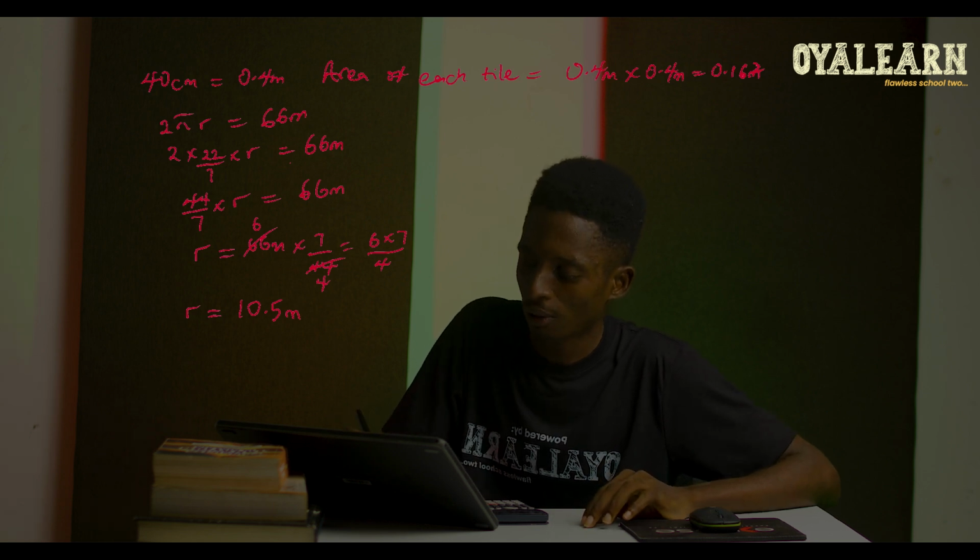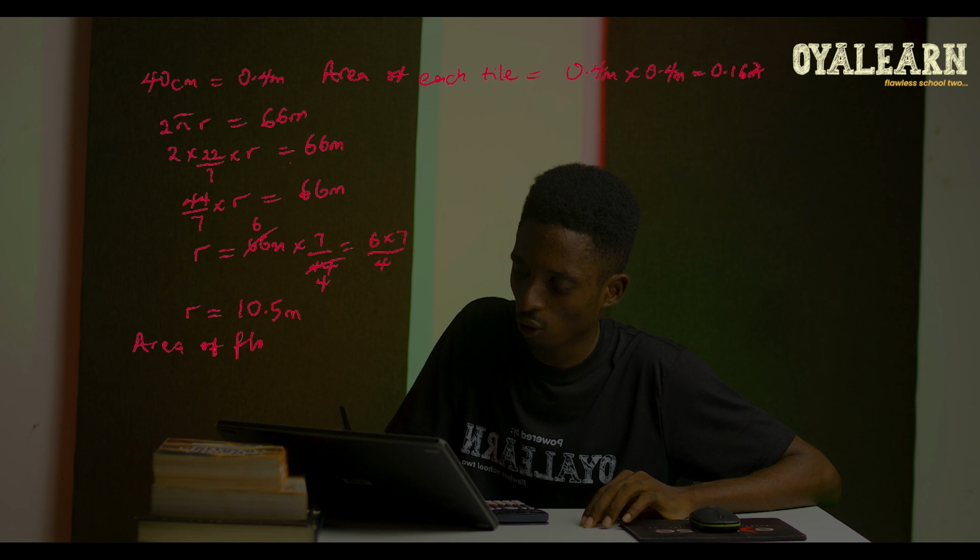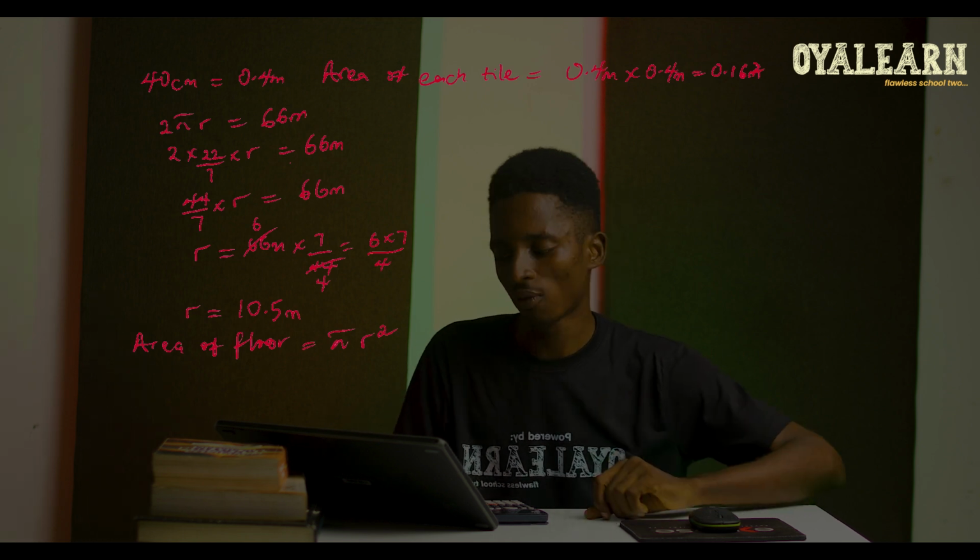Now that we have the radius, we can go on to find the area of that circular floor. The area of the floor is pi r squared. That's the area of a circle.